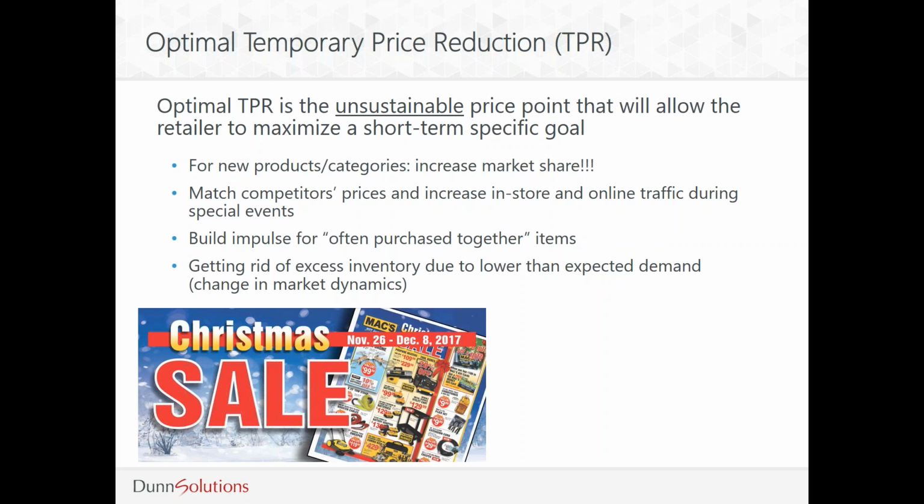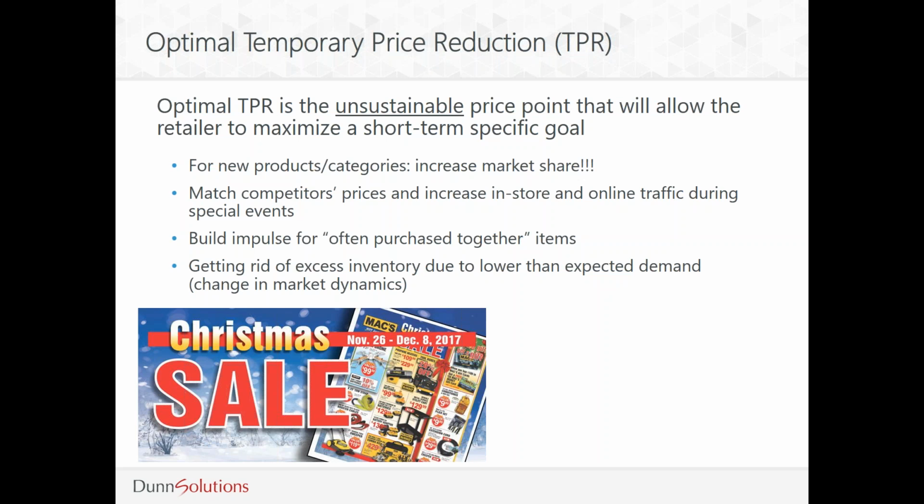You might want to use promotional pricing to build impulse for items that are often purchased together. So let's say that occasionally it's okay to sell a power drill at cost, in the hope that people will also buy the drill bits. And finally, sometimes you need to discount your items to get rid of excess inventory.